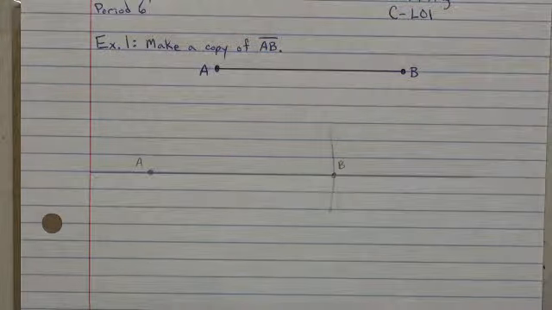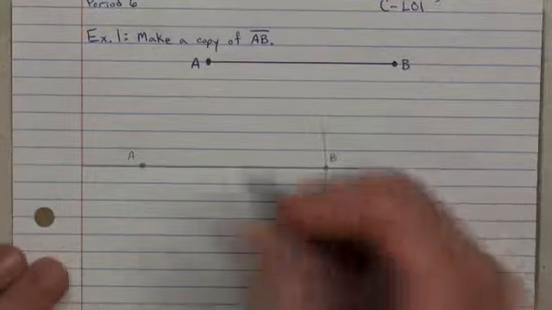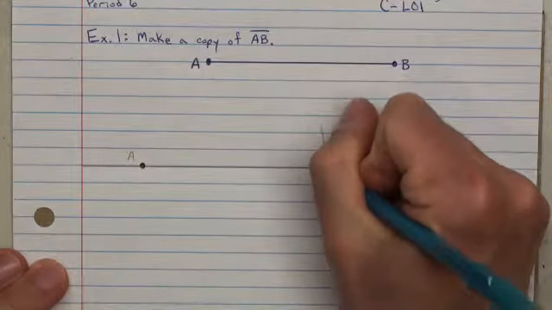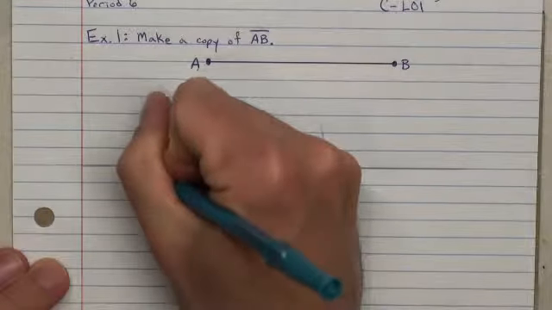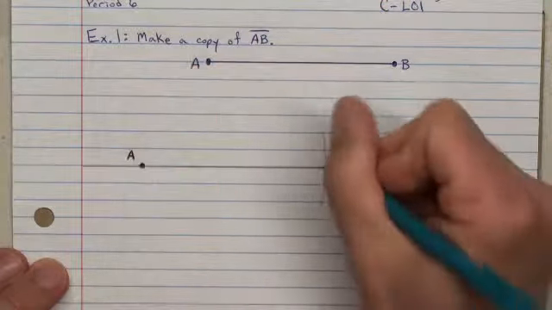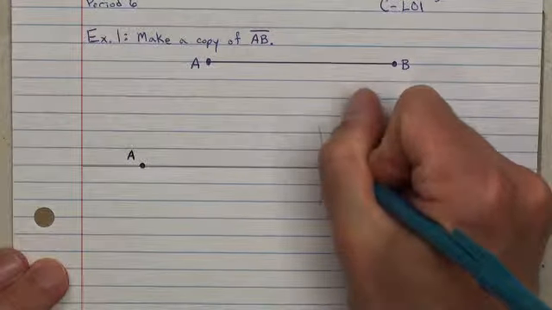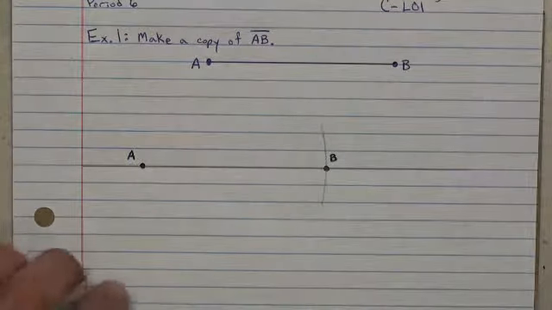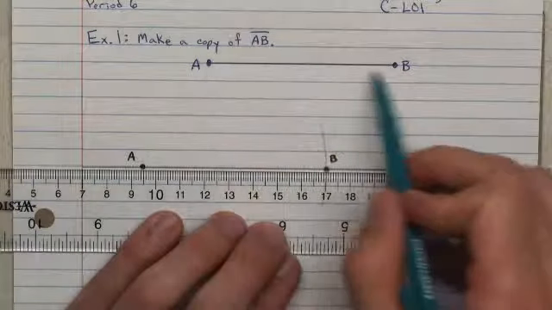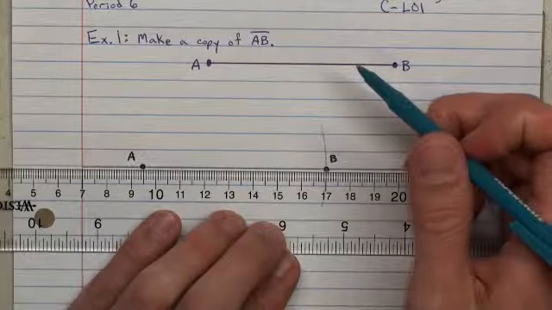So now that you've finished the line segment, I want you to go over the points in pen. Go over the name of the endpoints A and B in pen. And we want to draw, just in pen, we want to copy from A to B, we want to highlight it in pen.